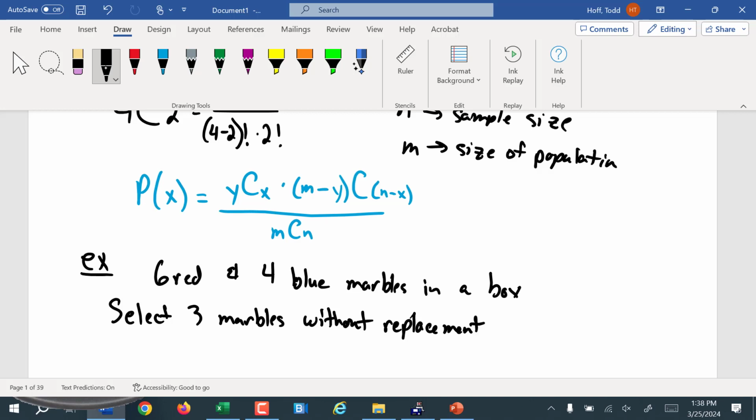So remember, without replacement means we pick one marble out, we record whether it's red or blue, and then we set it aside. We do not put it back in the box. If we put it back in the box, if we did the with replacement, then this is a binomial probability. So if we select 3 marbles without replacement, what is the probability of exactly 2 being red?